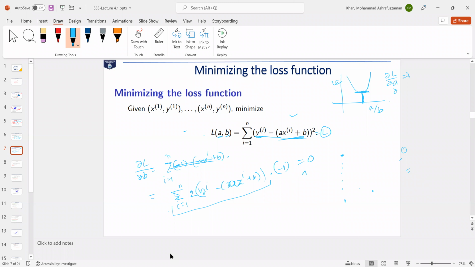Now, if we change the side because it's minus and there is another side, we can omit that 2, and on the other side we can omit that, so it will become like sum of i equals 1 to n of a x i plus b equals sum of i equals 1 to n of y i.